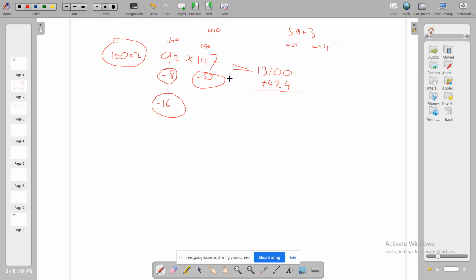So you add them. Here will be 4, here will be 2, here will be 5, and then here will be 3, 1. So it means that 92 times 147 is 13,500 and 24.